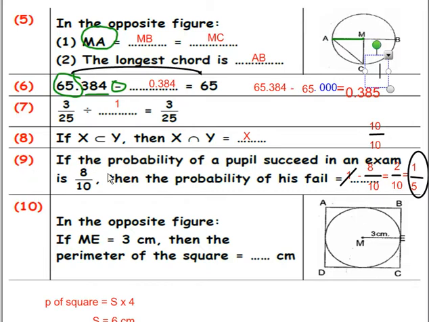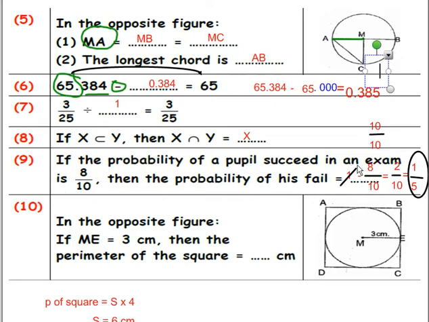Number 9, if the probability of a pupil succeeding in an exam is 8 over 10, then the probability of his failing equals what? The sure event is 1. The remainder will be the probability of his failing. So we will make subtraction. 1 minus 8 over 10.